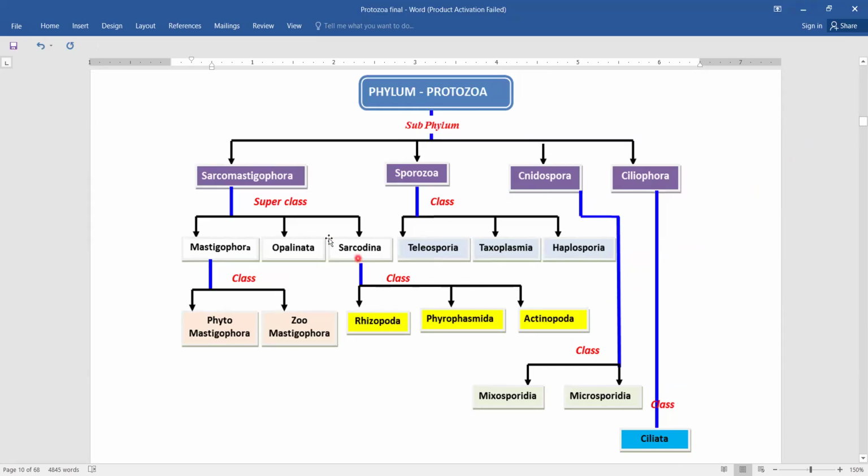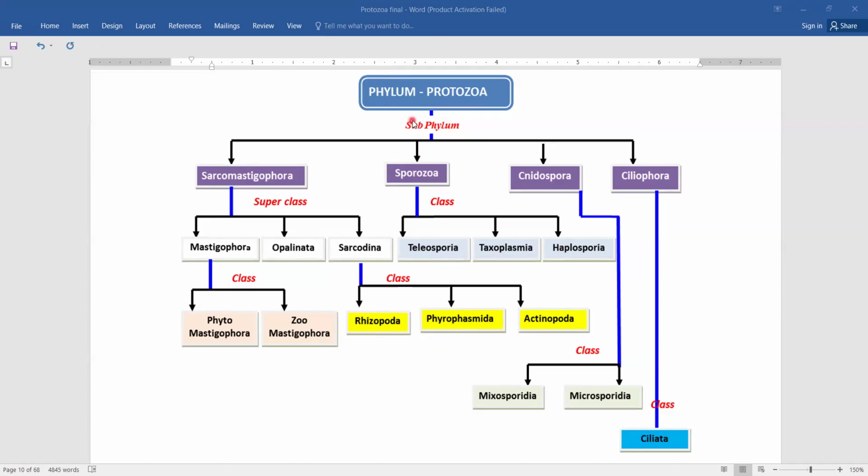You should practice it. You should remember the classification up to the classes level.